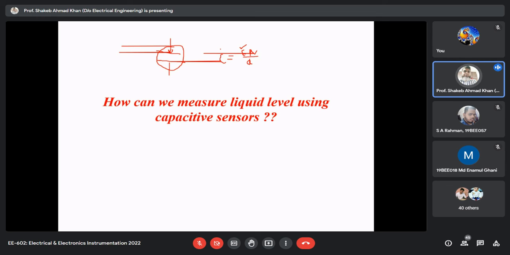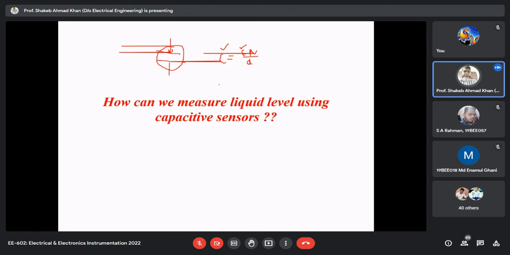So by measuring the capacitance we can find out the concentration of the contaminant, the pollutant. Similarly, suppose we want to measure displacement, then if one of the plates varies laterally, obviously your overlapping area will vary. So this is how your capacitive sensor works.